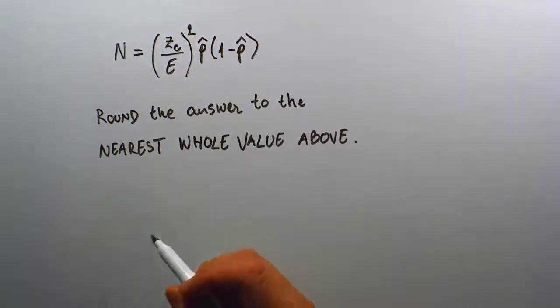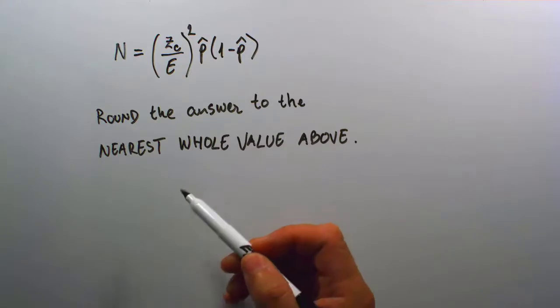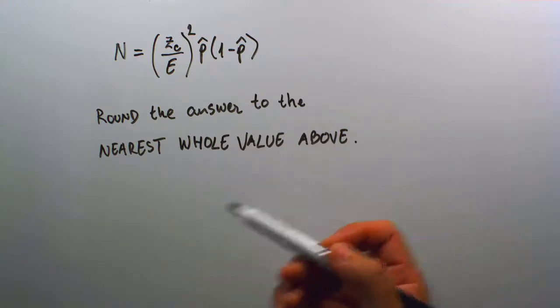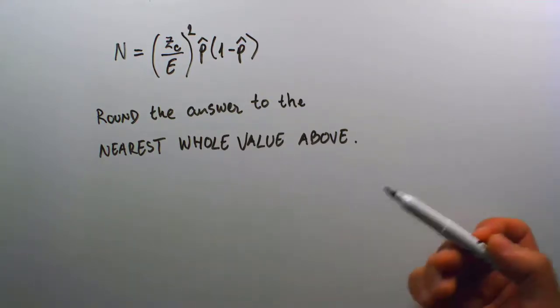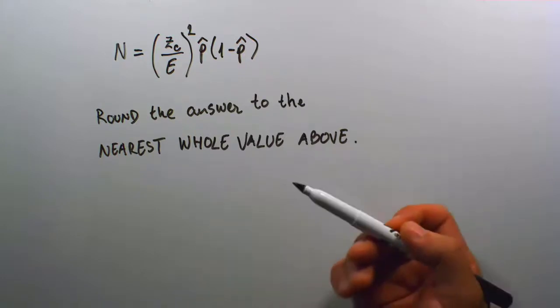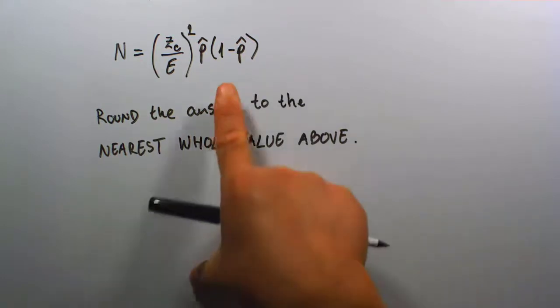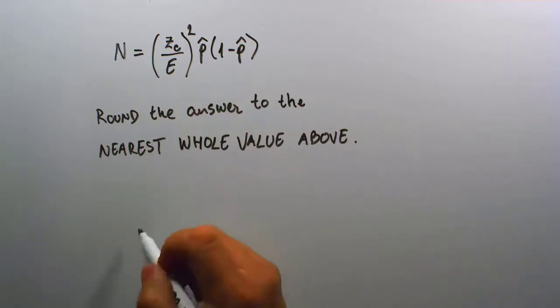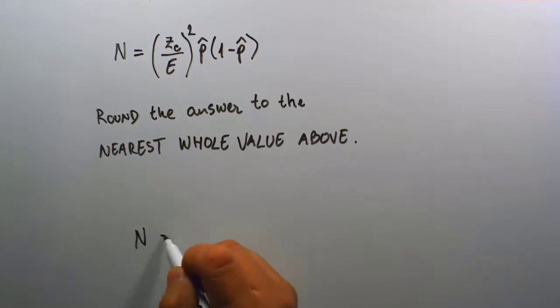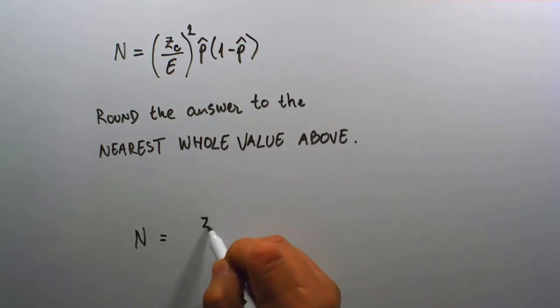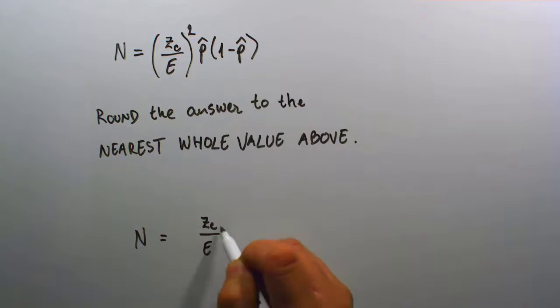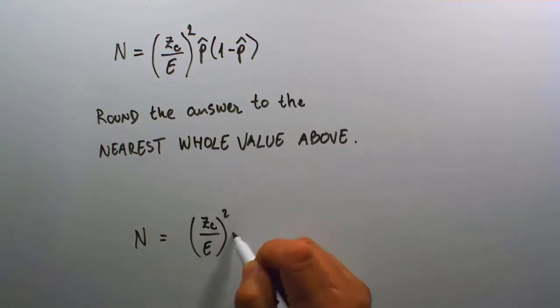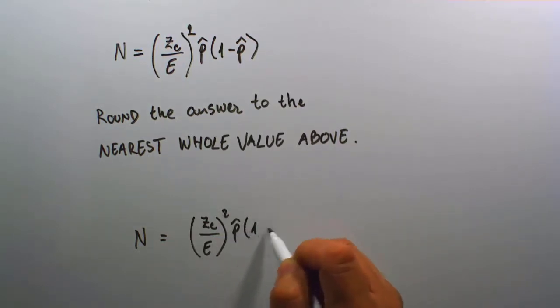If anyone viewing this video happens to read quite a few textbooks over the web or sold in the market, you'll see the same formula, but many textbook authors write it as the sample size equals z sub c over the margin of error, the quotient squared, multiplied by p hat times 1 minus p hat.